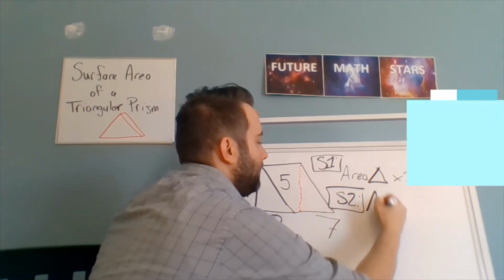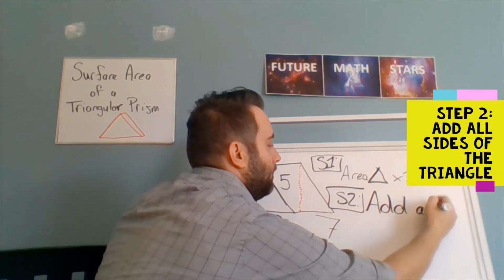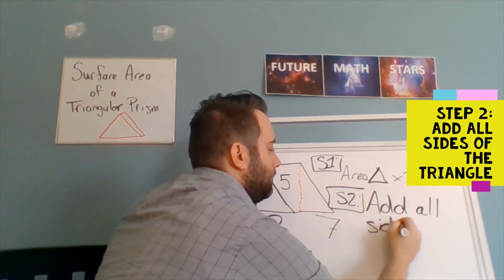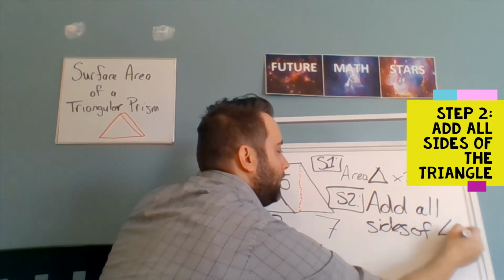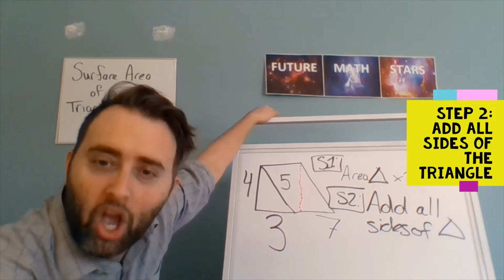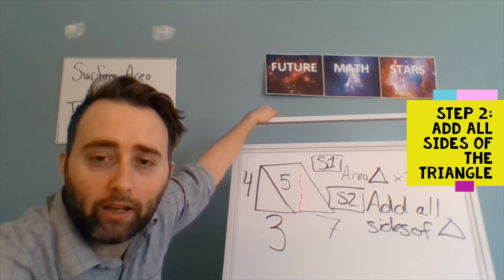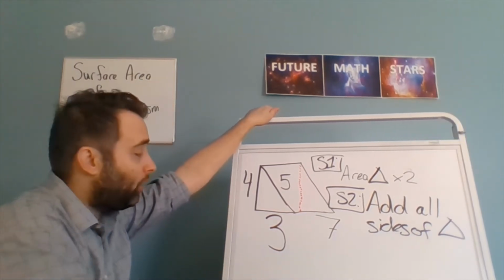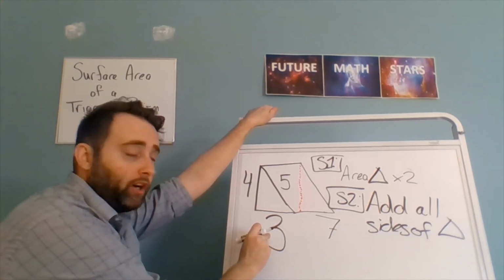Step 2: add all sides of the triangle. Because all 3 sides are being multiplied by the same thing, just add all 3 sides of the triangle.